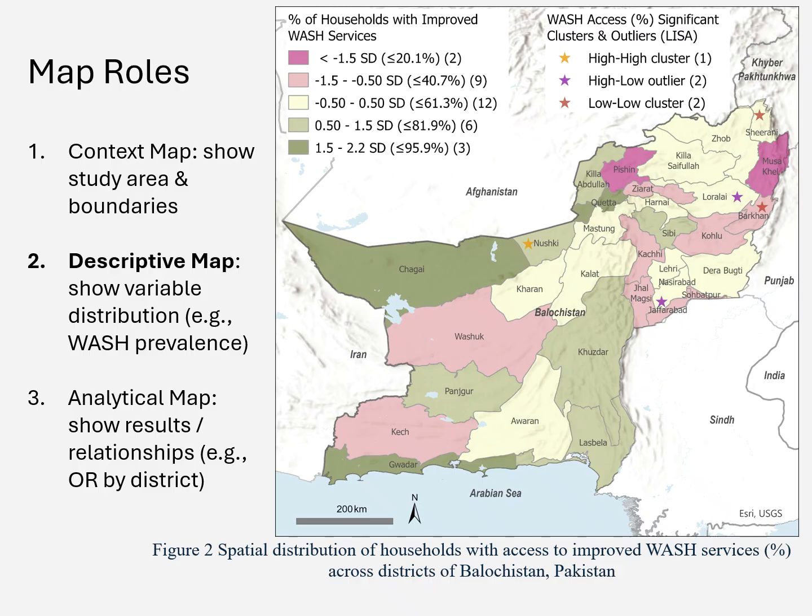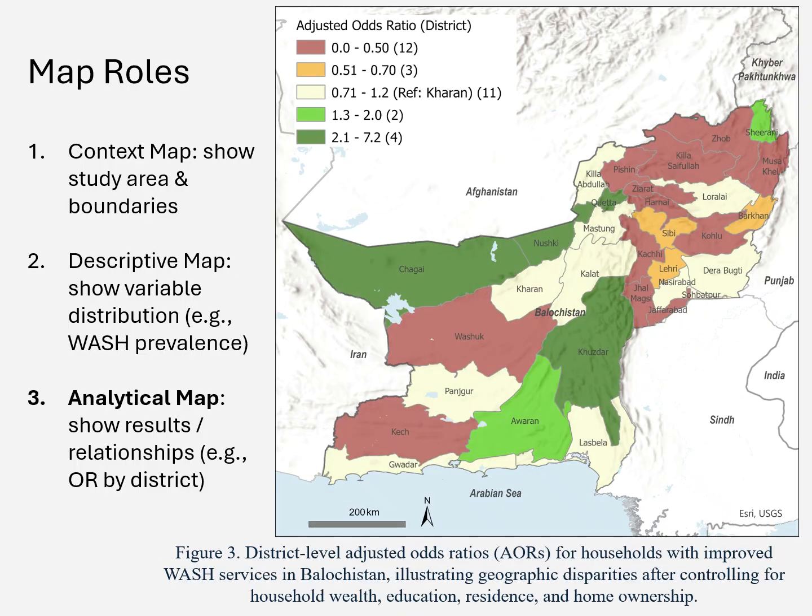So the next map is basically the important piece, the analytical map, where we want to display our regression results, which are adjusted odds ratios, with reference to the Haran district. We chose it based on the percent prevalence value, which is about 50%.